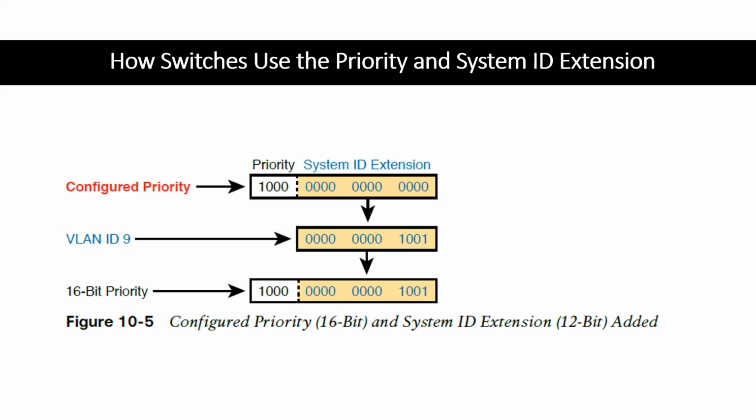And what does this show us? It's just the sum of two numbers, both in binary and decimal. The output shows us this is VLAN 9.